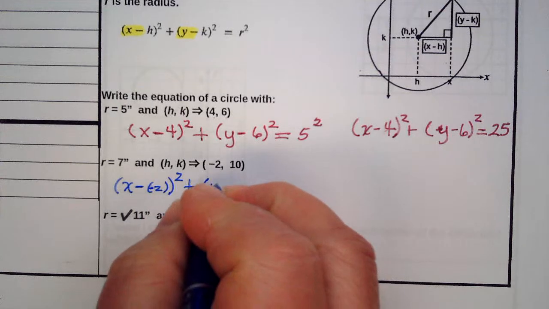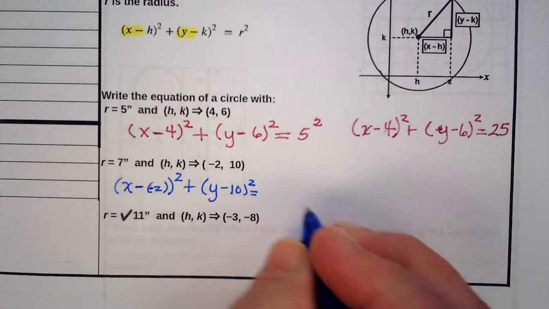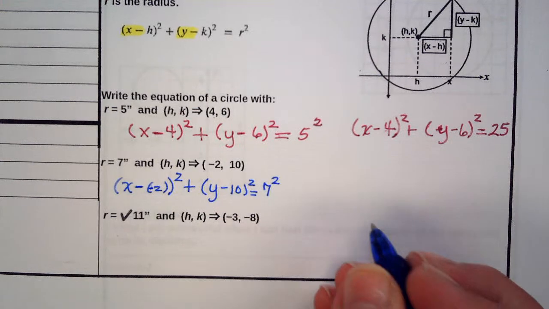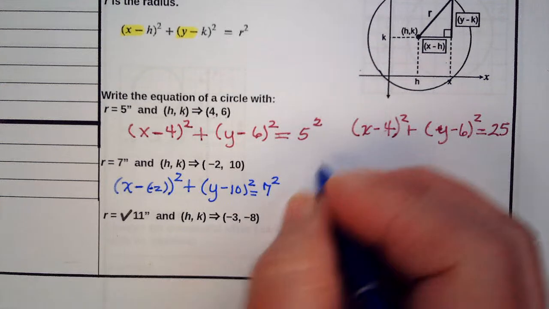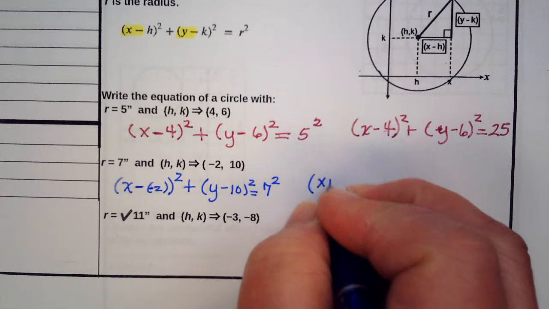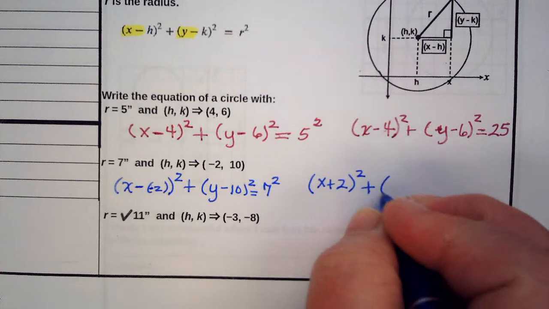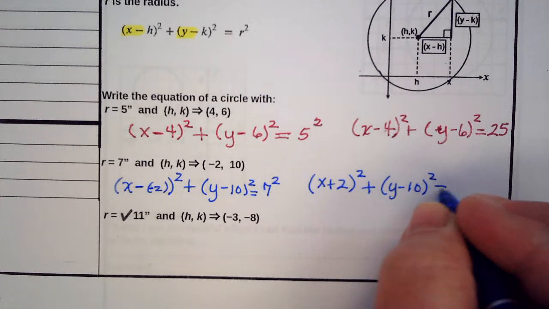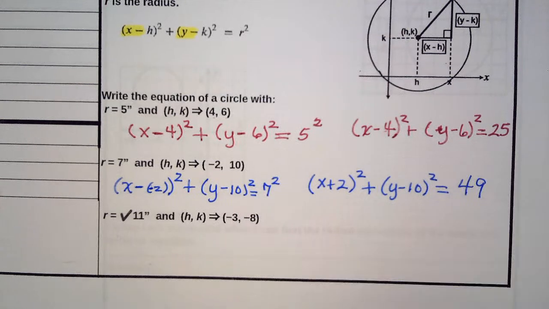Plus y minus 10 squared equals, what's my radius? 7 squared. Okay, do I leave minus a negative? No. So this becomes x plus 2 quantity squared plus y minus 10 quantity squared is equal to 7 squared, is 49.